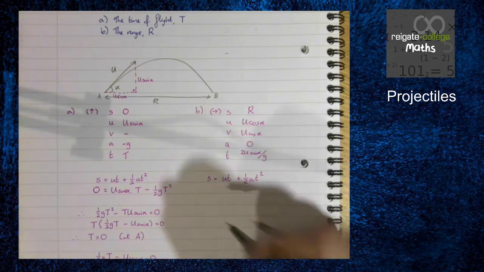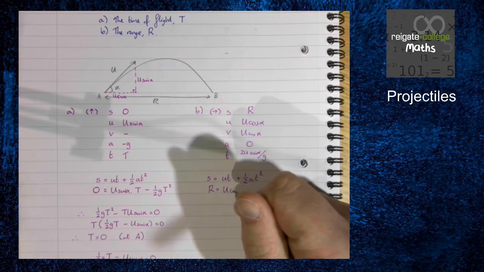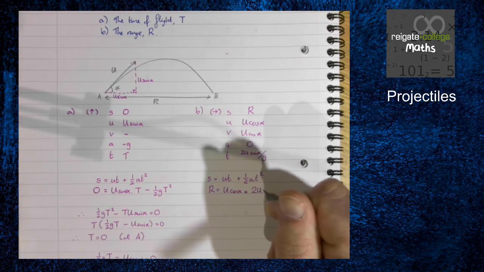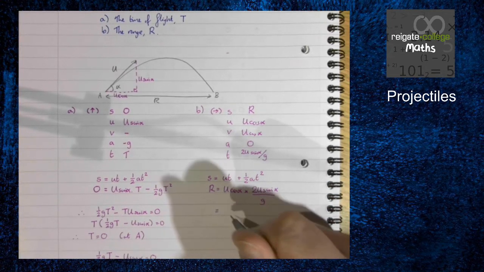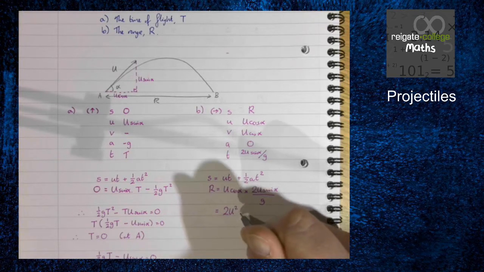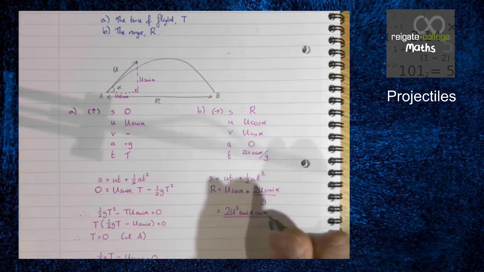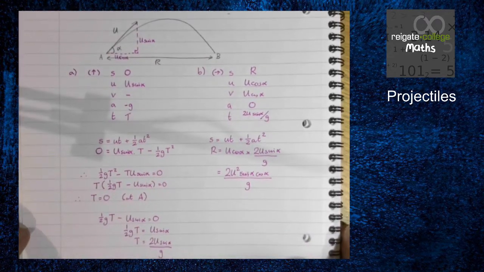So we're just going to get r is u cos alpha times t, which is 2u sine alpha over g. Tidying that up, we get 2u squared sine alpha cos alpha all over g, which is unpleasant.